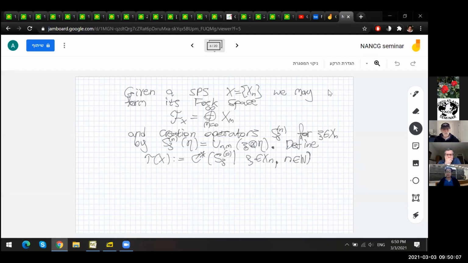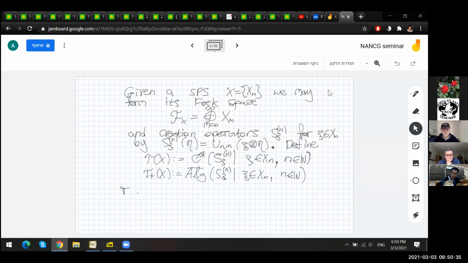And so we define the Toeplitz algebra of a subproduct system to be as follows. And we can also define the tensor algebra of the subproduct system to be the norm-closed algebra generated by these S psi n's, for psi in Xn and n a natural number.